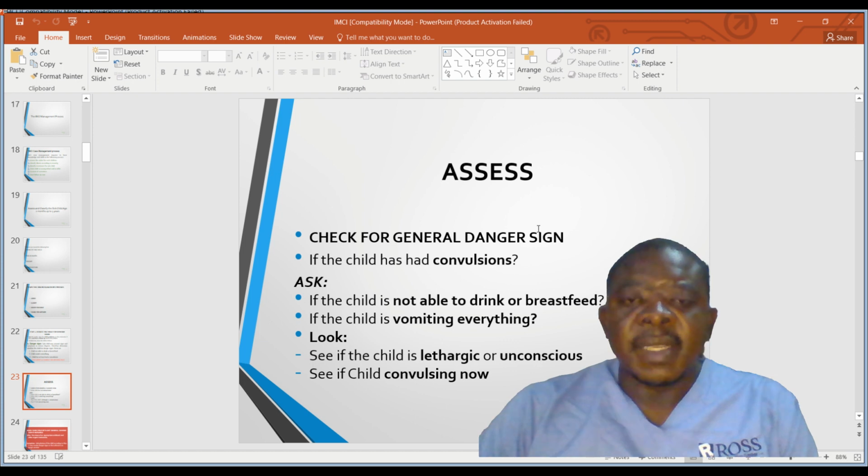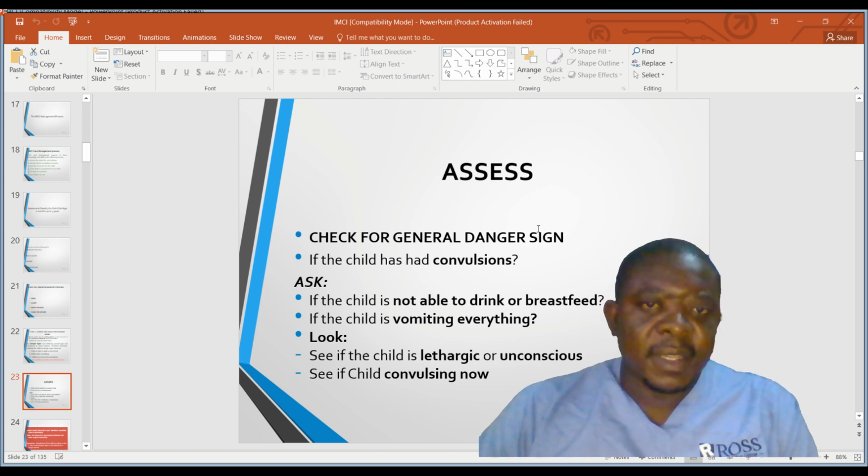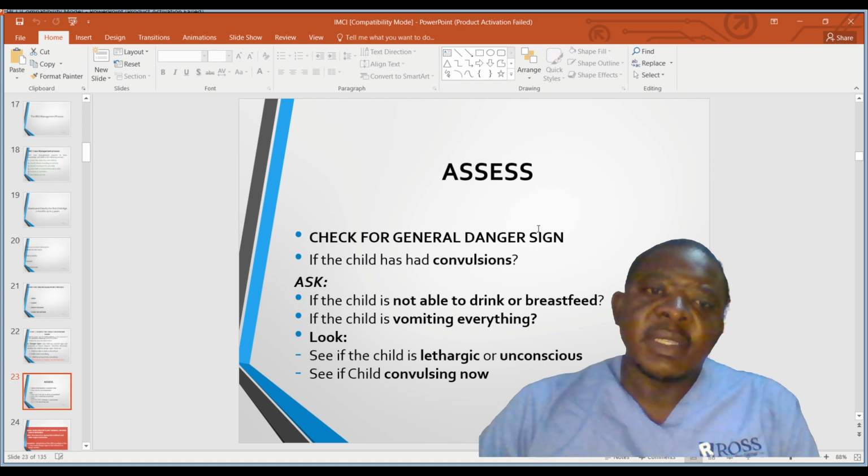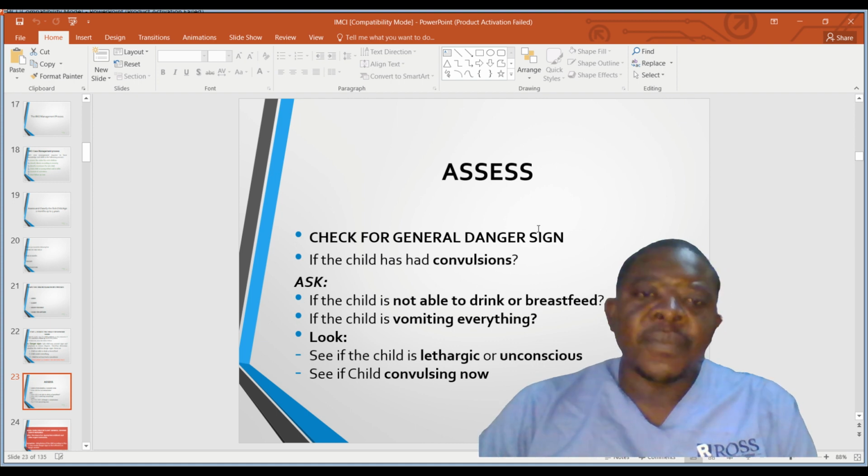Assessing, you can check for general danger signs. If the child has had a convulsion, you can ask if the child is not able to drink or breastfeed. Then if the child is vomiting everything, you can also assess for that. When using the sense of sight, looking, you can see if the child is lethargic or unconscious.